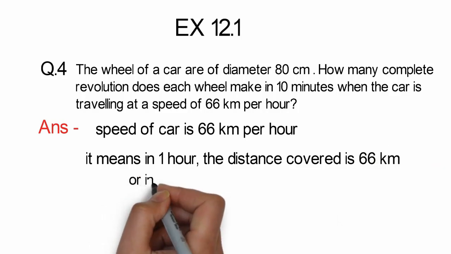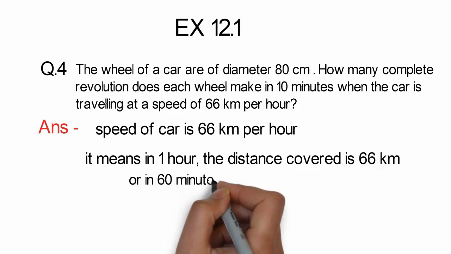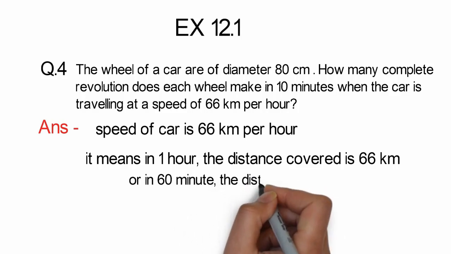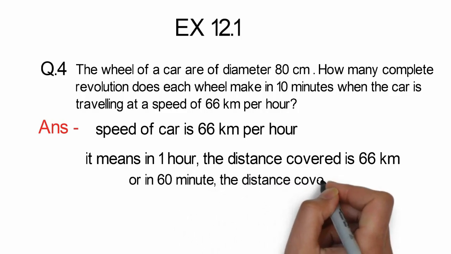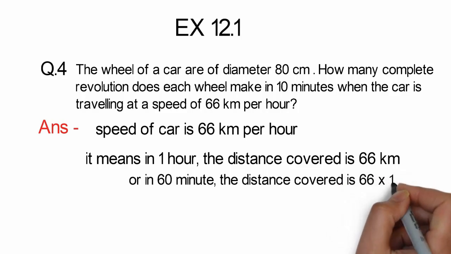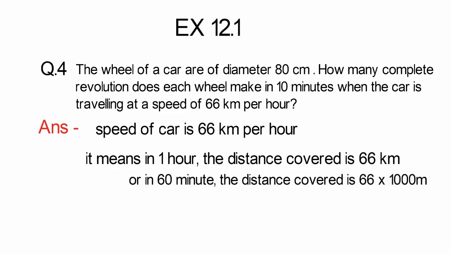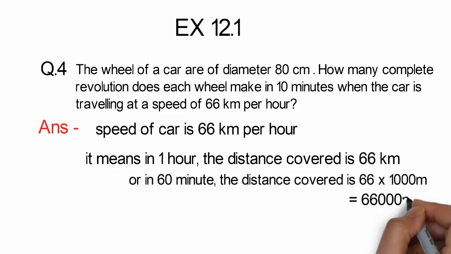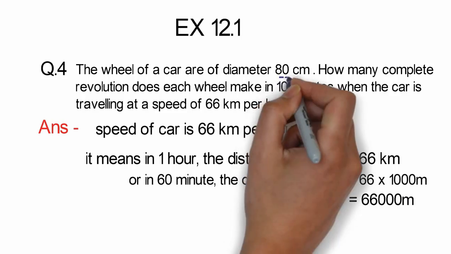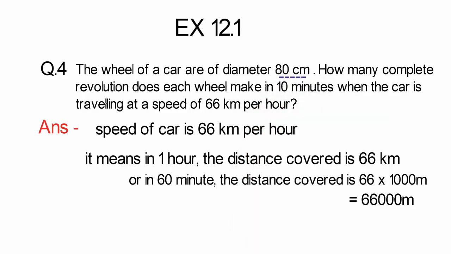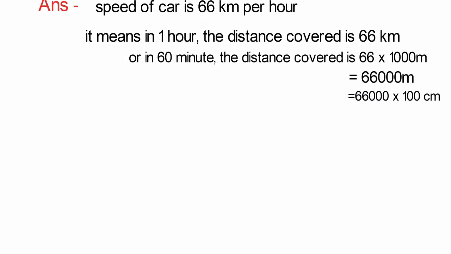So in 60 minutes the distance covered is, we're going to change it into meters, 66 into 1000 meters, which is equal to 66,000 meters. Since the diameter is given in centimeters, we're going to change it into centimeters. So multiply by 100 centimeters. After multiplication, we'll get this number.